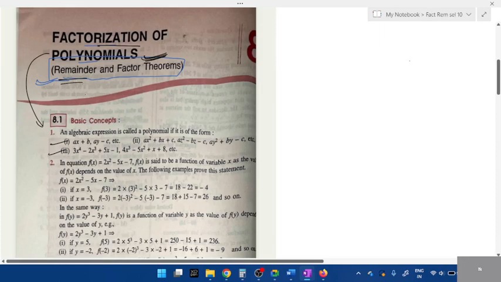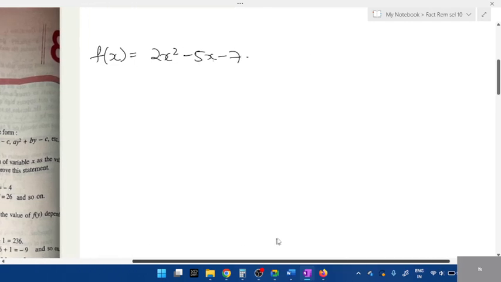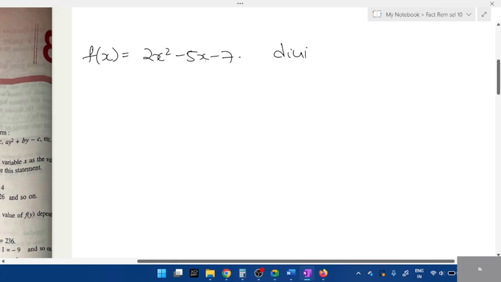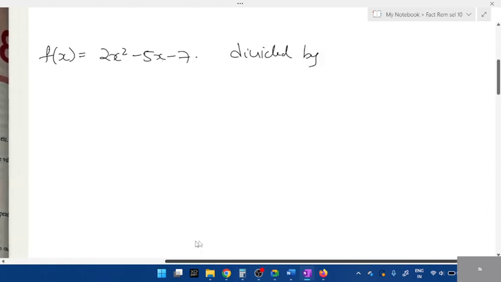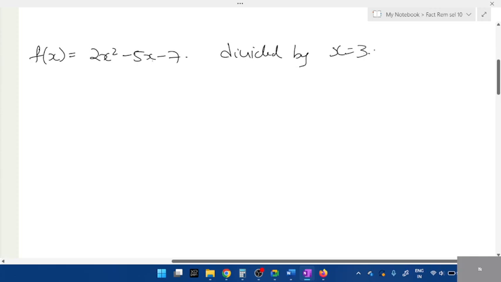First, remainder theorem. What do you mean by remainder? Now I'll give an equation. If f of x is equal to 2x square minus 5x minus 7, this entire equation is a polynomial.